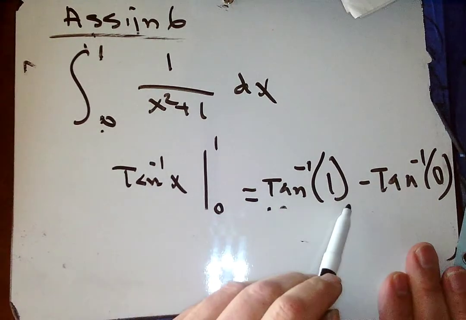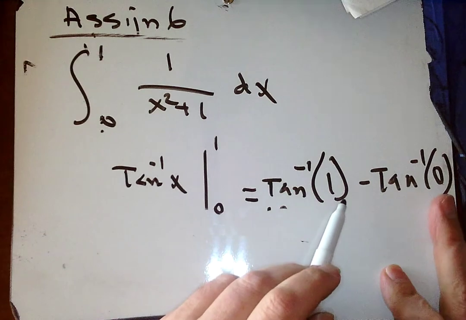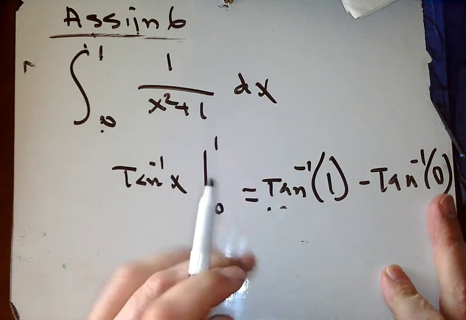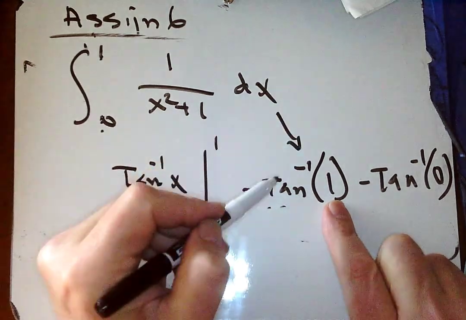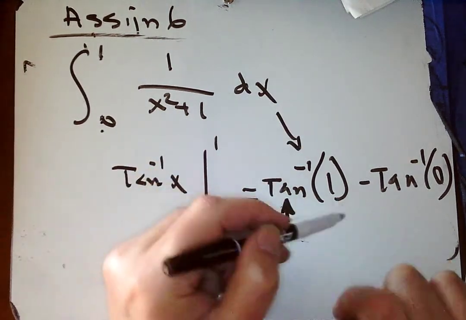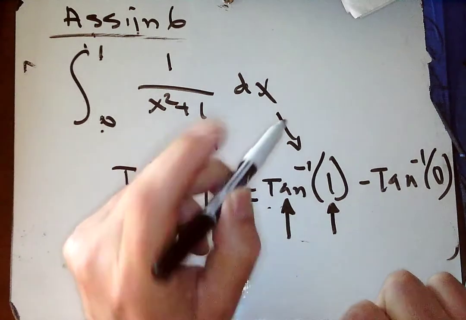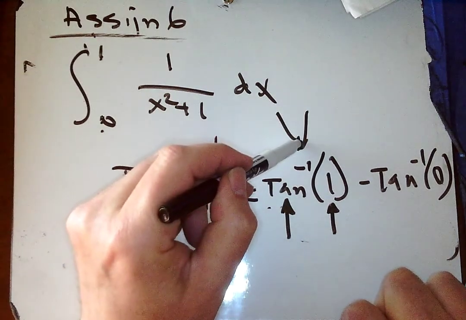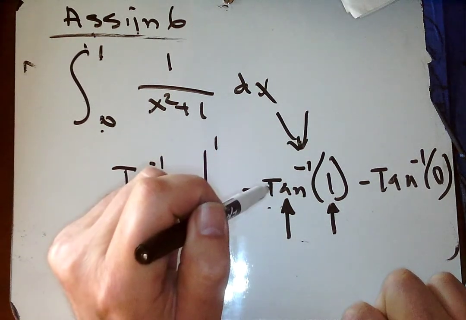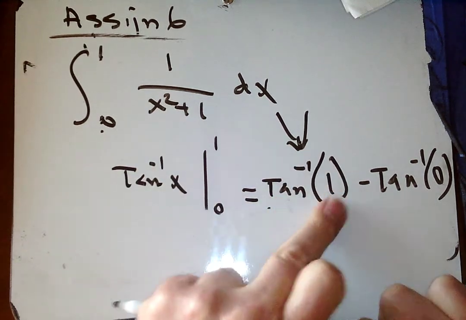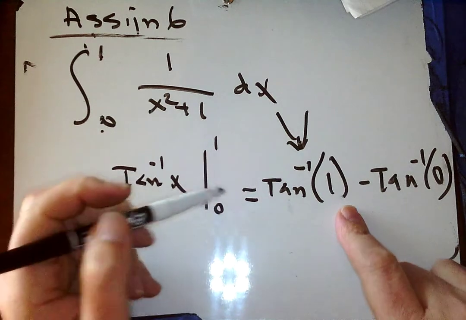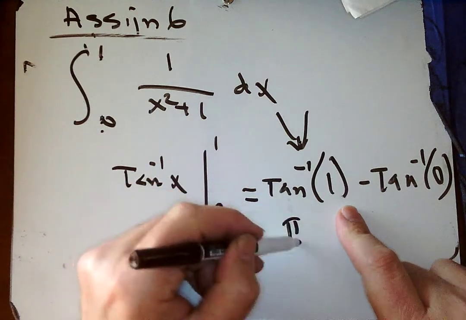with this problem, we are expected to know these values. Inverse tangent of 1: what angle has a tangent of 1? And remember, what angle within the restriction for inverse tangent, i.e. negative pi over 2 to pi over 2? So when is tangent 1 on negative pi over 2 to pi over 2? At pi over 4.